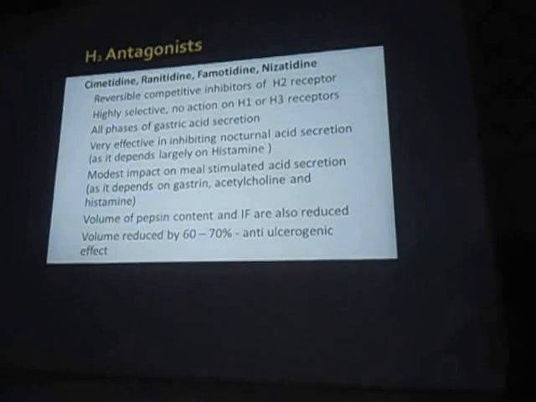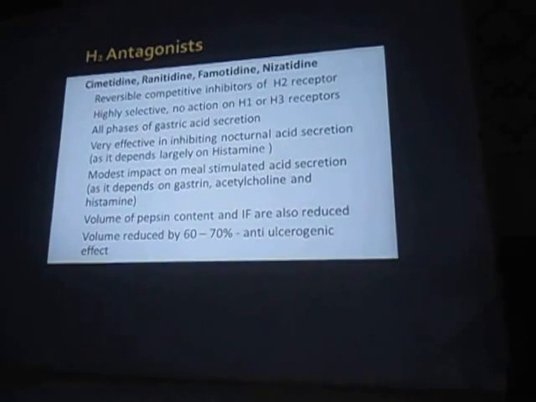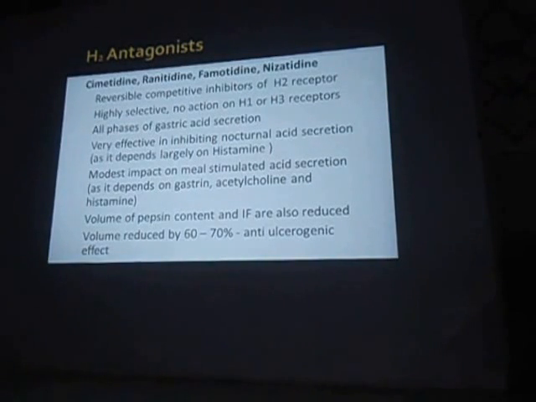So only one part of it is prevented. That means we are concentrating on the nocturnal part when we are using this group. It is relatively milder compared to our proton pump inhibitors, and we will be studying why it is milder. It has a modest impact on the meal-stimulated secretion. That's what we mean by using it at night time.